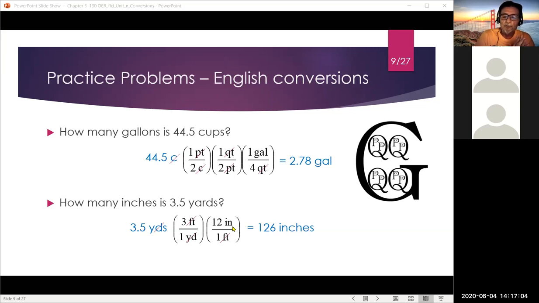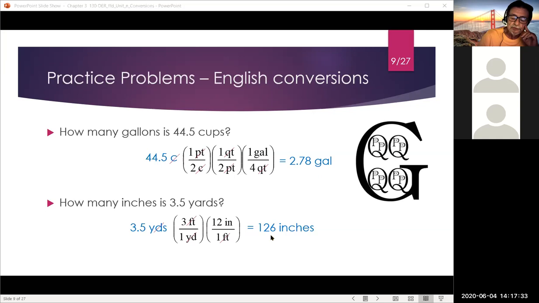Now, would that be correct to display that answer in that form? No. Why? Because of the 3 significant figures. Okay. 3 feet in 1 yard, exact number. 12 inches in 1 foot, exact number. And so the number that defines our sig figs is 3.5, which has 2 sig figs.